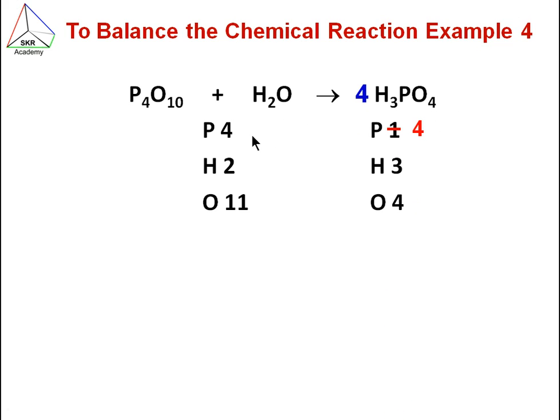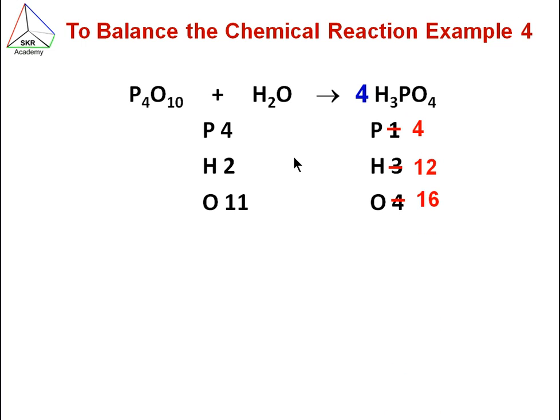Then the phosphorus atoms will be balanced, 4 on each side, and then we will balance hydrogen. But due to this coefficient 4 on the right hand side, the total number of hydrogen becomes 3 multiplied by 4, that is 12. So now we have to balance this.